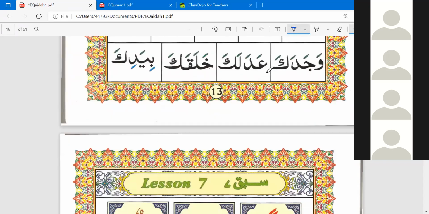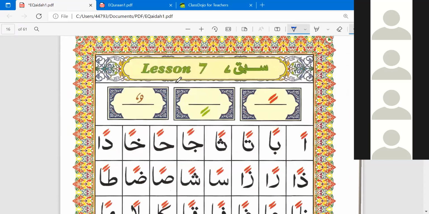So let's move on to another one. All this one are Fatia, Kasra, and Dhamma. Lesson 7. So as I've discussed with you, Fataha is just only one line. Now for lesson 7, it becomes Fataha Tani. Now we have double Fataha. Are we together? So double Fataha will sound an. You see? An.